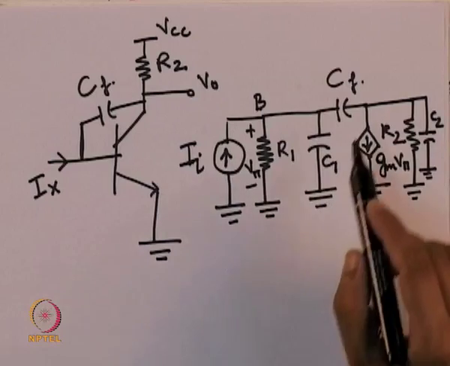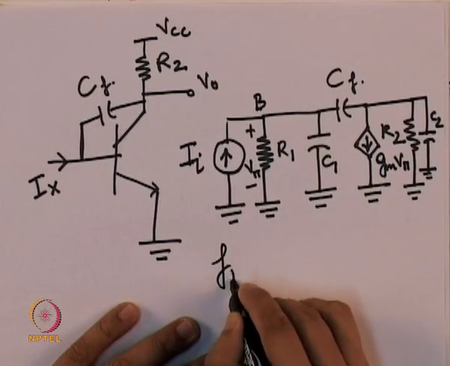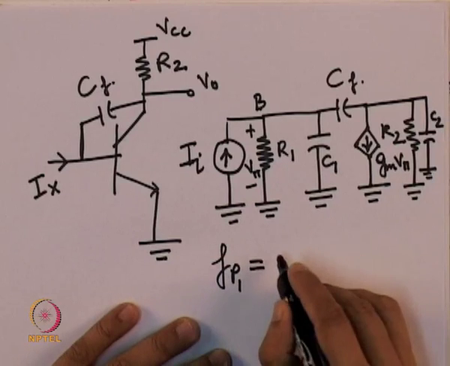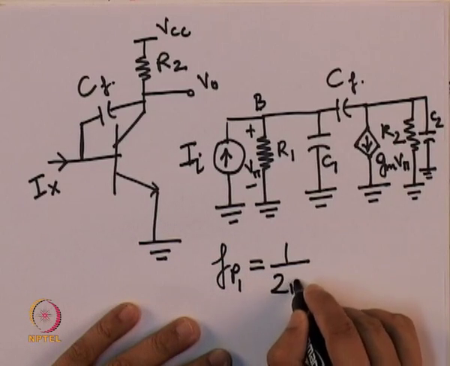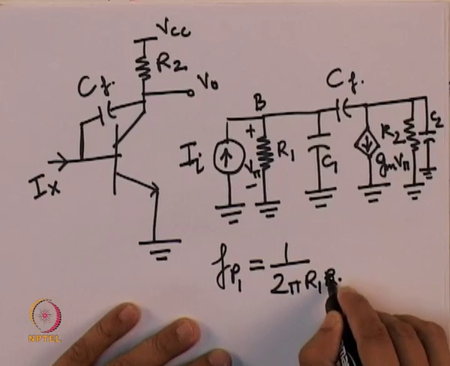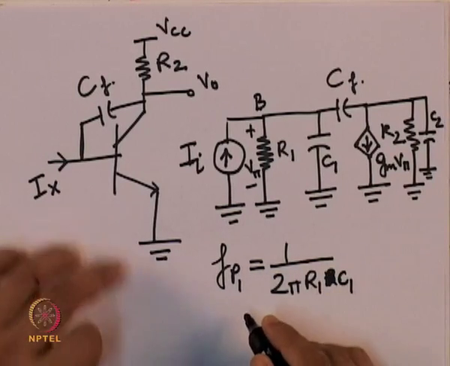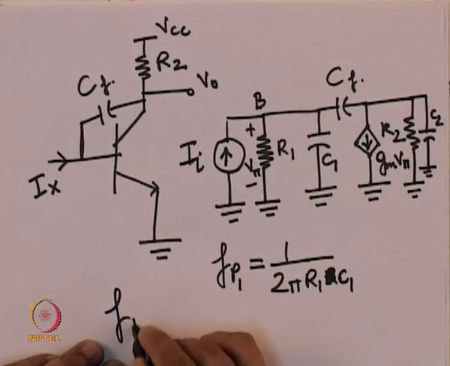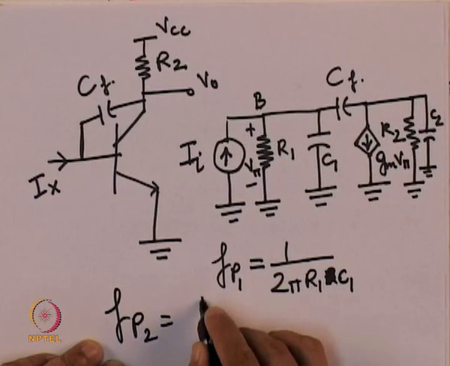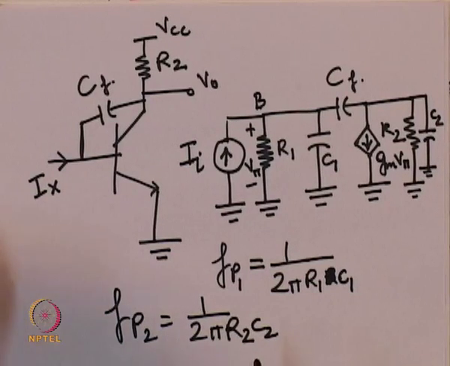we can have a small signal model of this BJT like this. Now without this CF present, the dominant pole FP1 is given like this, and the second pole FP2 is given by 1 upon 2 pi R2 C2. With CF present, what happens?